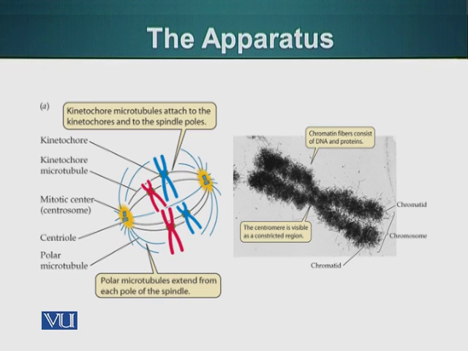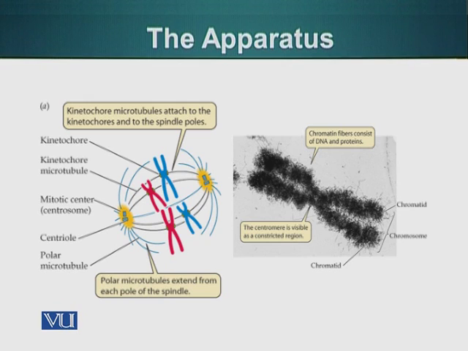Chromosome, as we have talked about, is a structure which is composed of the hereditary material, the DNA, and also proteins. A special sequence of DNA called centromere is the region which is attached to the microtubules via a specific protein complex called kinetochore.